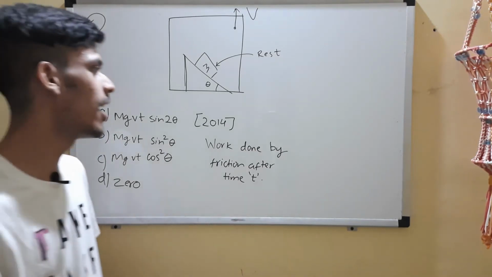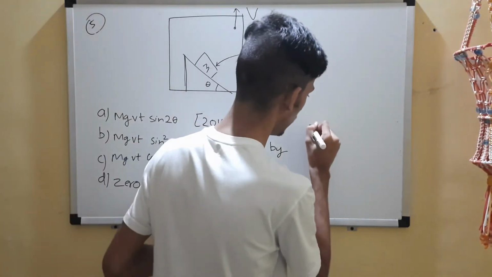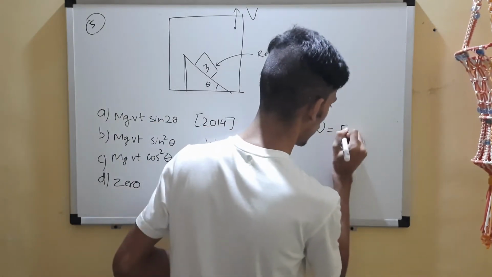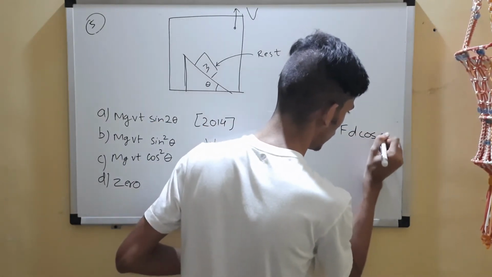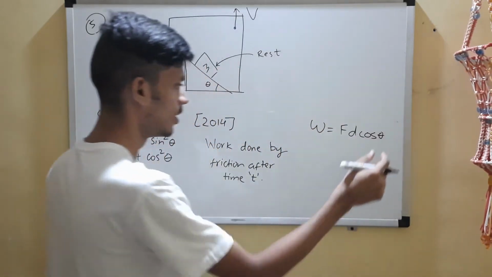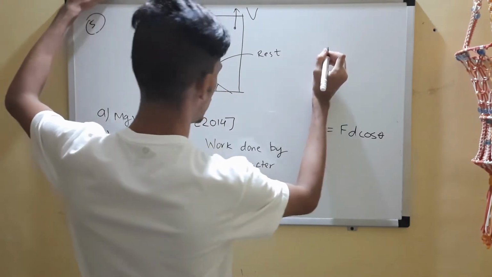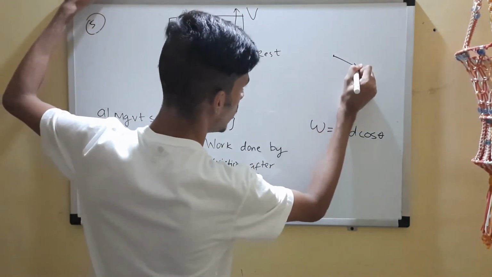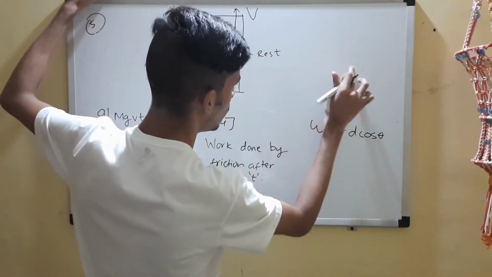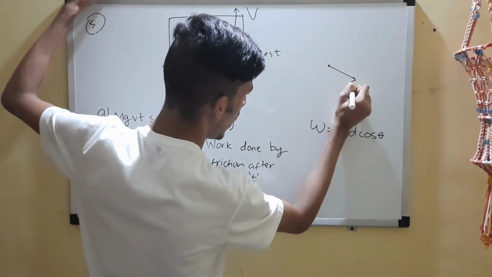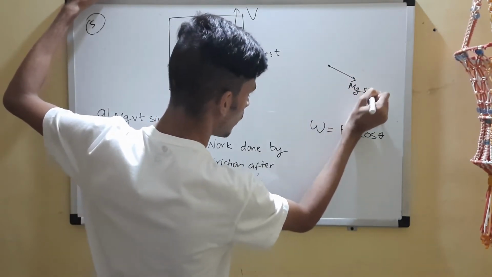The way I am going to do this question is by just applying the definition of work, which is work equals F d cos theta, right? So frictional force into displacement into cos theta. Let's find the frictional force. We can draw the free body diagram first. Suppose this is the block, down the incline we'll have mg sin theta.